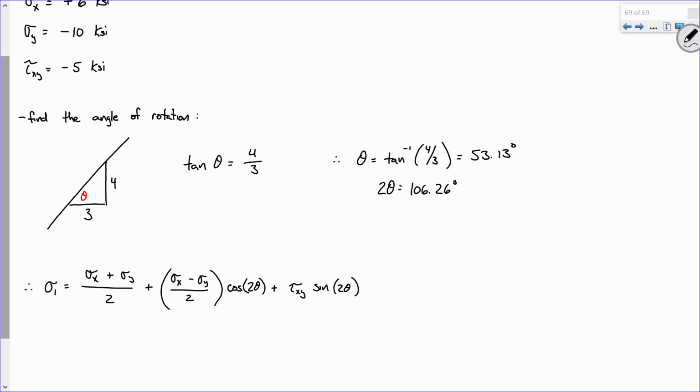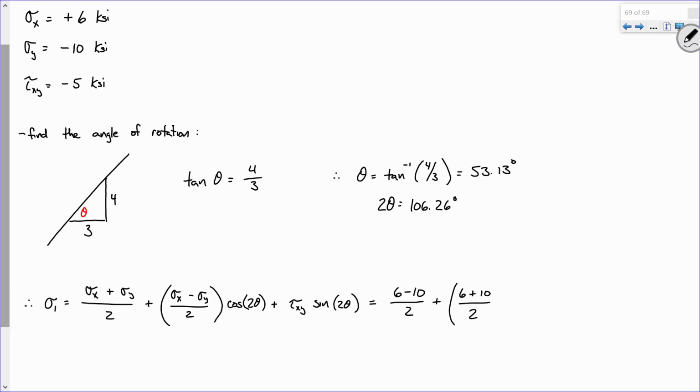Since everything's going to consistent units, it's KSI to KSI, I'm going to leave that off for brevity. So we've got sigma x plus sigma y over 2, so that's going to be 6 minus 10 over 2, plus, what do we have? Sigma x minus sigma y, so that's going to be 6 plus 10 over 2. Does everybody see why I did that? Because remember, sigma y is negative, right?